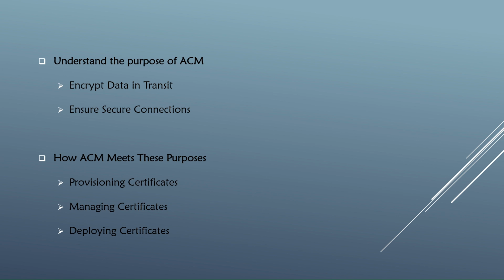So let's understand the purpose of ACM. The first thing is to encrypt data in transit. The SSL or TLS certificates provided by ACM ensure that data transferred between a client and a server is encrypted.